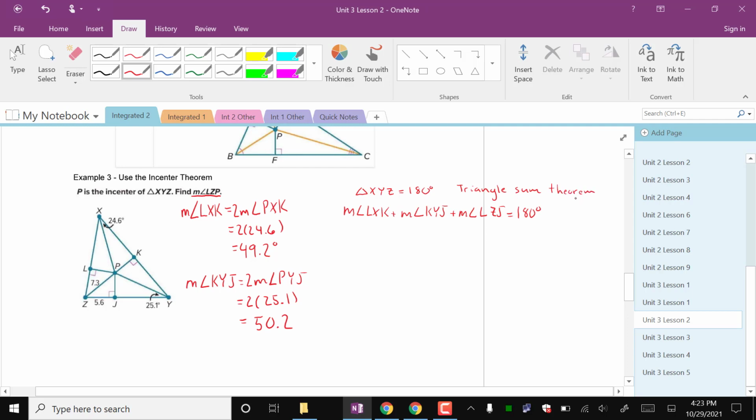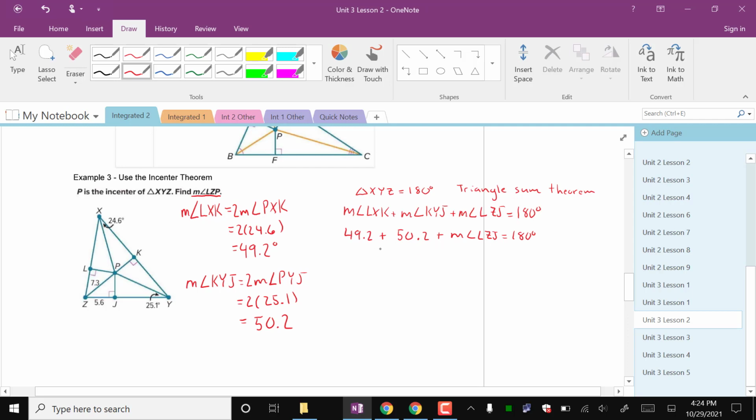This is from a previous course. So plug in our information. This is 49.2 plus 50.2 plus, this is our only one we don't know, the measure of angle LZJ, equals 180 degrees.